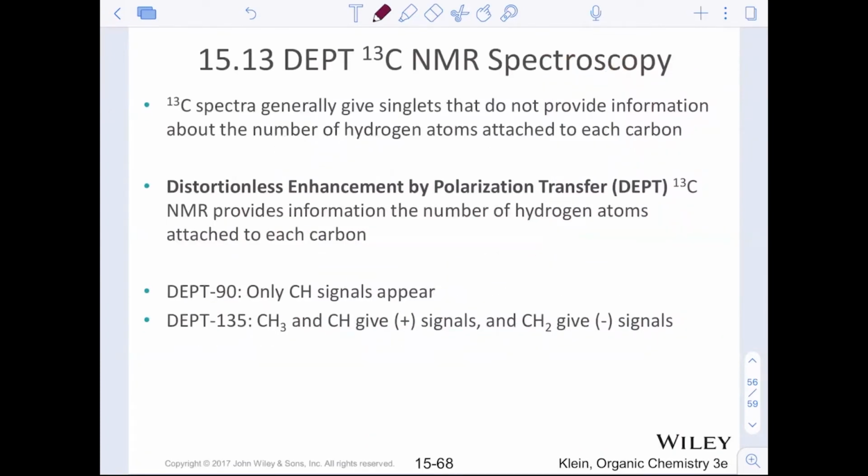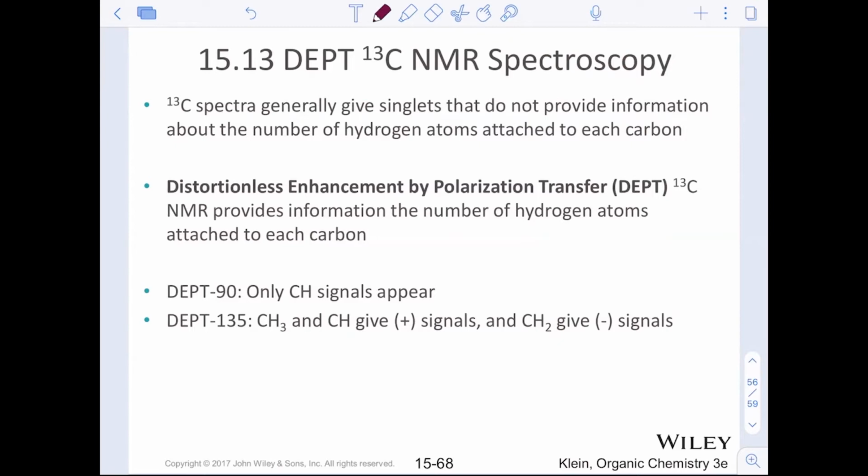Now, the distortionless enhancement by polarization transfer, or DEPT, carbon-13 NMR spectroscopy is extremely helpful because carbon-13 only gives singlets, and it doesn't provide information about numbers of hydrogens attached to each atom or neighbors or anything like that. Carbon-13 by itself is actually pretty difficult to analyze.